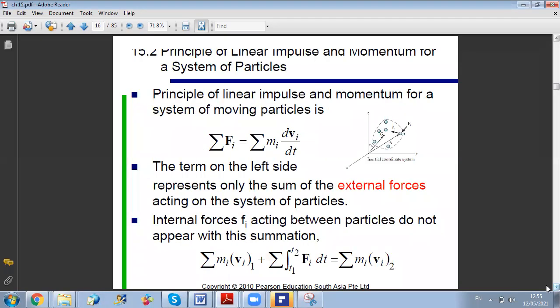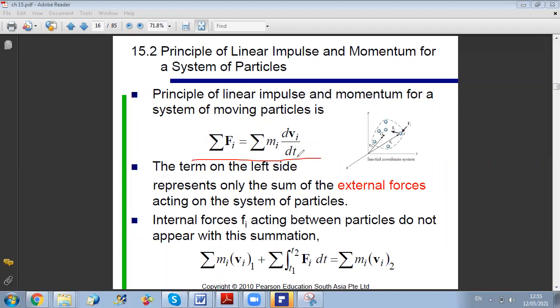Okay, now if we have a system of particles, we can apply the principle of linear impulse and momentum on the system. We know that the sum of forces along i is equal to the sum of mi dvi by dt.